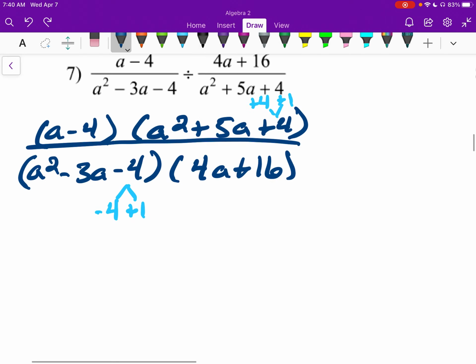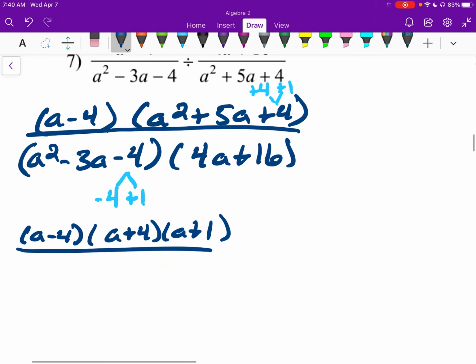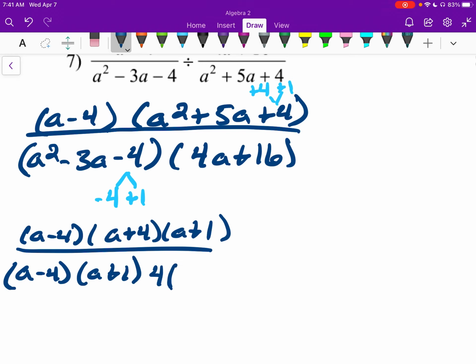So this will be a minus 4, that's the upper left piece, and then we'll have a plus 4, a plus 1. For the bottom, we'll have a minus 4, a plus 1. And then for that last piece, we factor a 4 out, and then we're left with a plus 4.